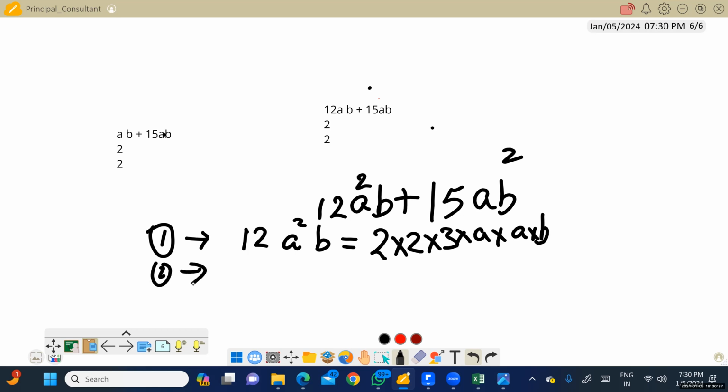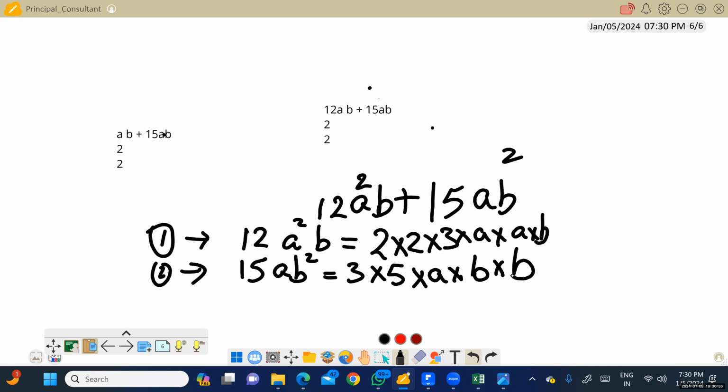15AB square is nothing but 3 into 5 into A into B into B. Right, Arush? Himangi? Correct? Yes, sir.